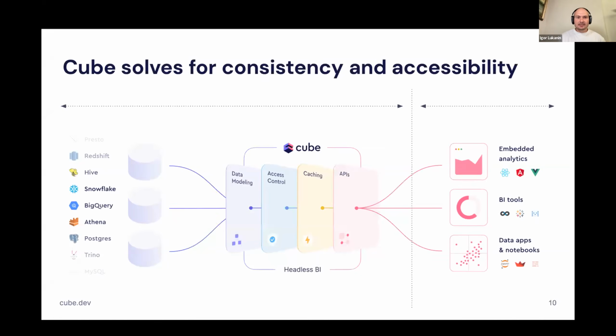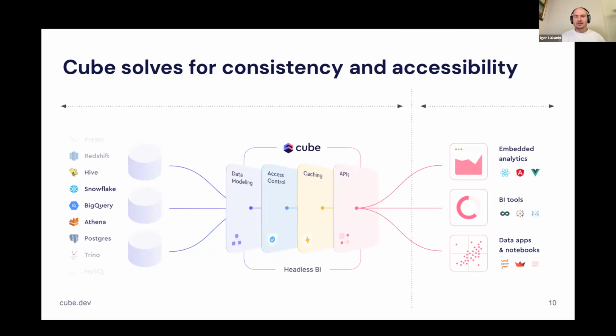Cube solves this because it serves as a single source of truth for the metrics definitions and provides consistent data by reading it from the data sources and exposing it to data consumers via the APIs.